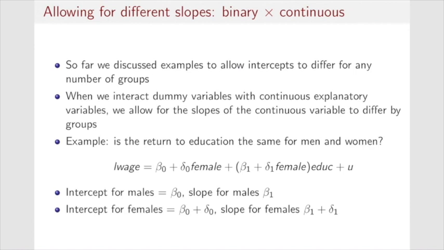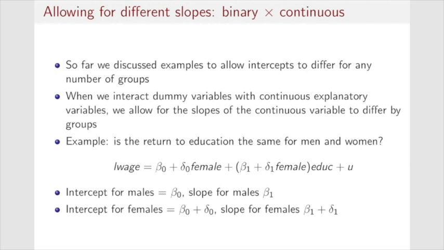So far, we discussed examples to allow intercepts to differ for any number of groups. We can also interact a dummy variable with continuous explanatory variables. For this case, we allow for the slopes of the continuous variable to differ by different groups. Continuing with the wage example, suppose that we wish to test whether the return to education is the same for male and female.